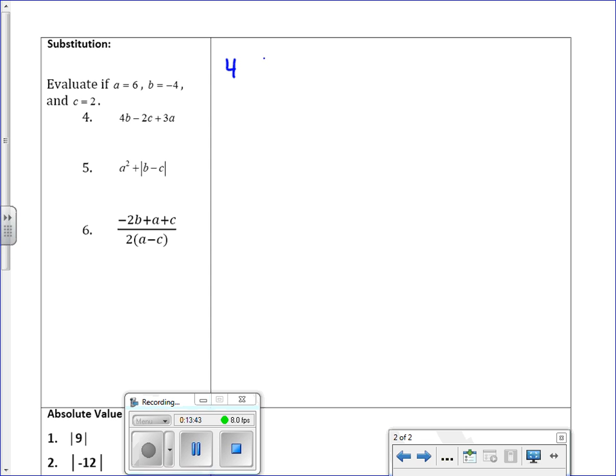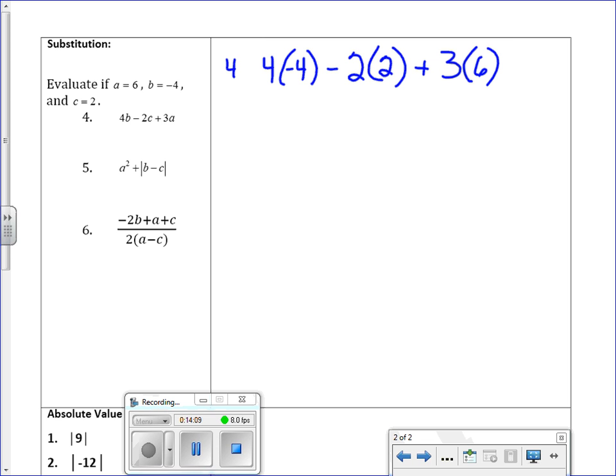So I end up with 4 times negative 4. See, I'm not making it a 44. Some people think that, but that's not what I'm doing. Minus 2 times 2 plus 3 times 6. I just put the second value in parentheses to indicate multiplication.